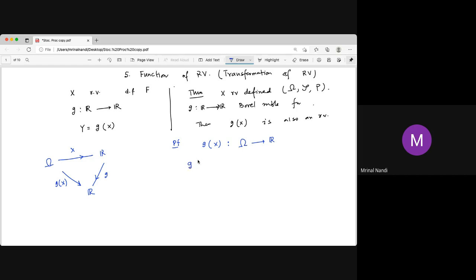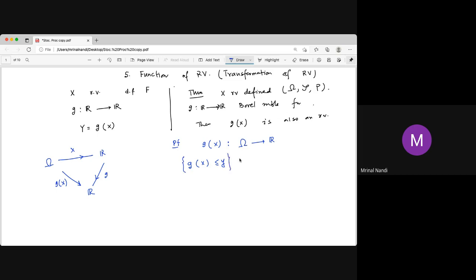We have to show that the set {g(X) less than or equal to y} belongs to the sigma-algebra S. That must be an event. Every Borel set, its inverse image must be in the event space.